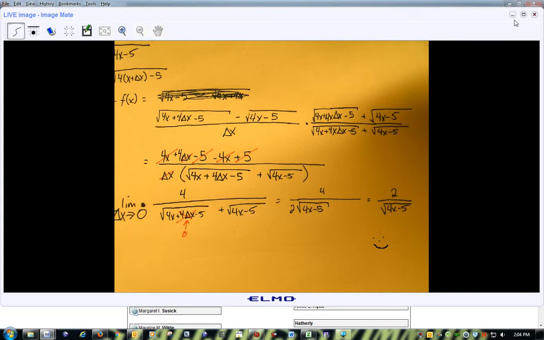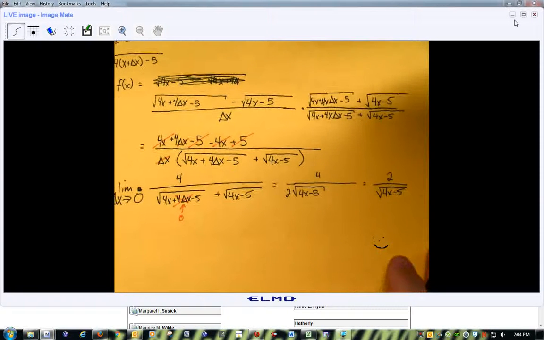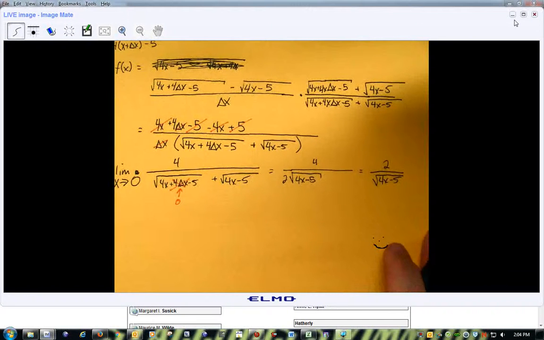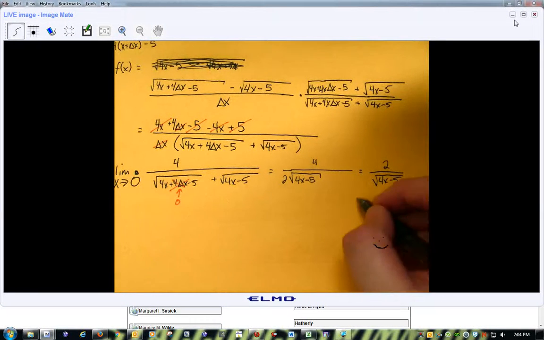And now, let's compare this, because now this is what my derivative is. F prime of x should be equal to 2 over the square root of 4x minus 5.